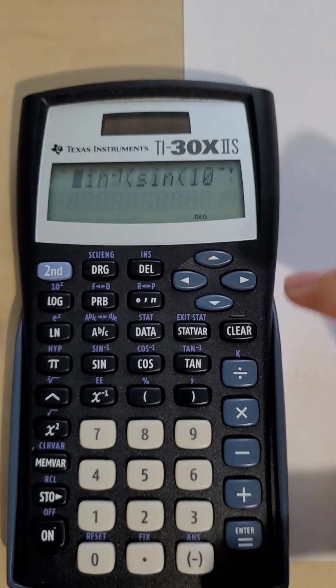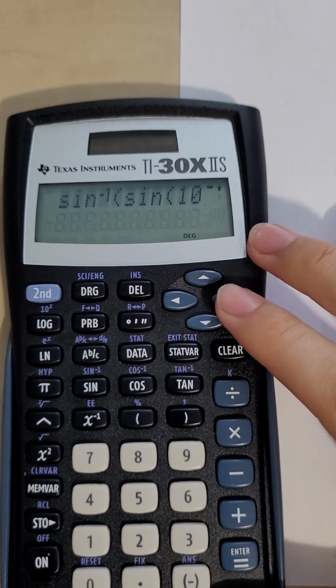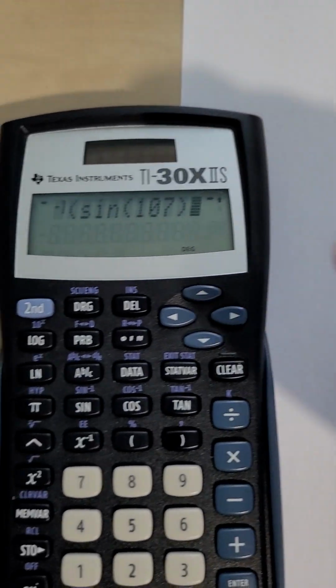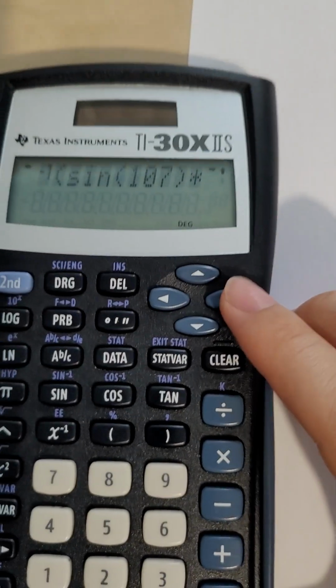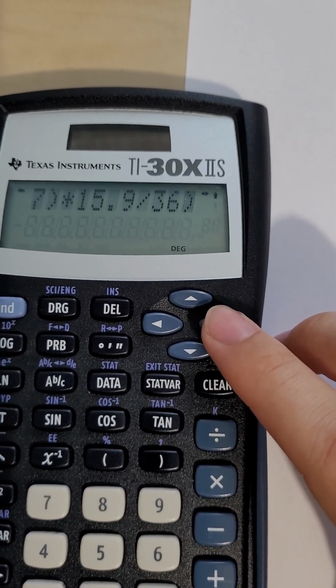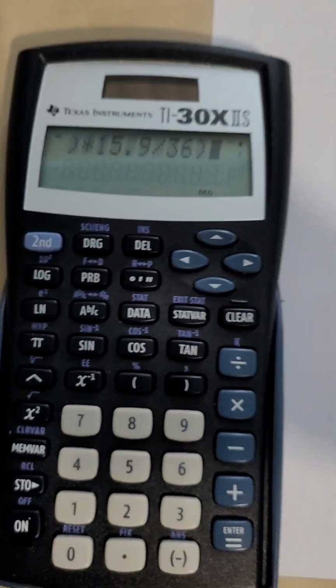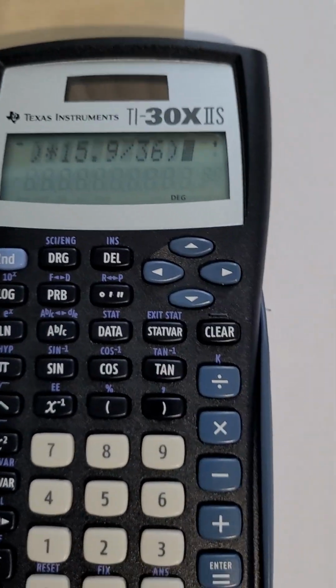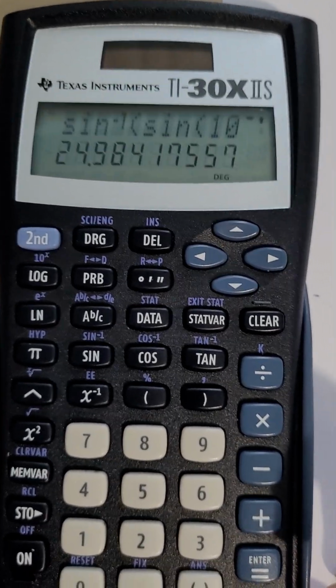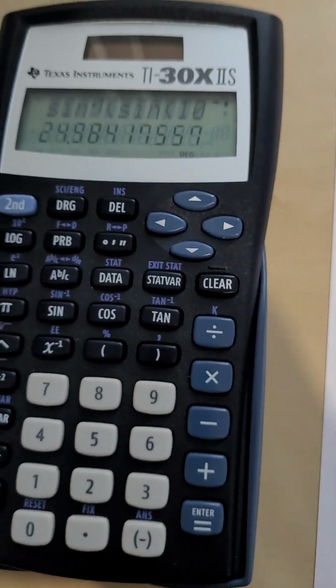So here you see inverse sine of sine 107, and that is in brackets again, 107 times 15.9 divided by 36. See the same thing again, but with the sine inverse at the beginning. And then over here, when we press equal, we get 24.98, which rounds to 25.